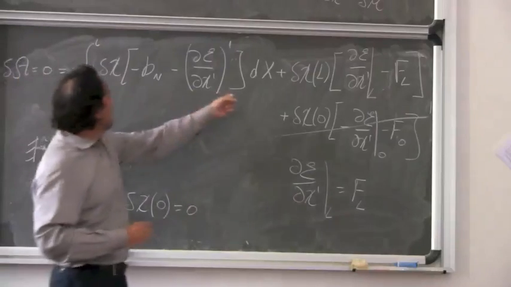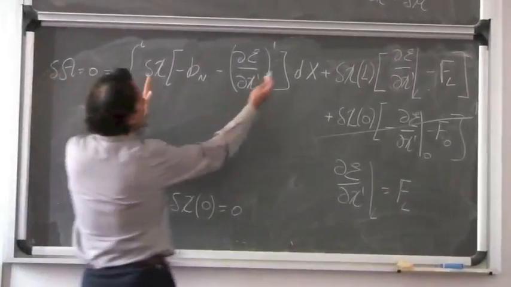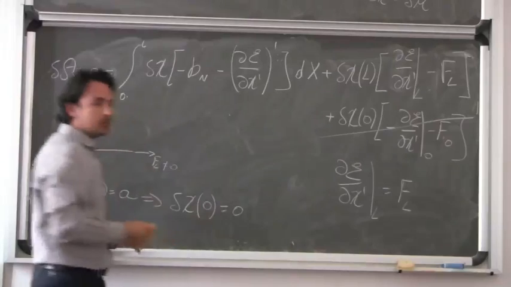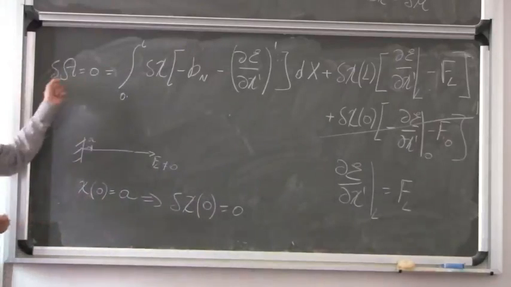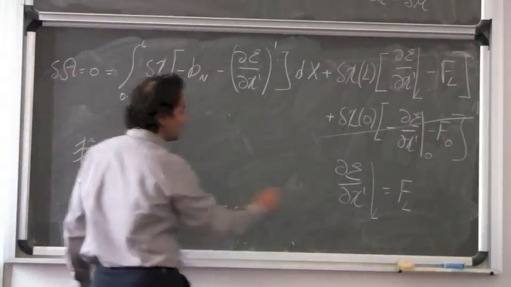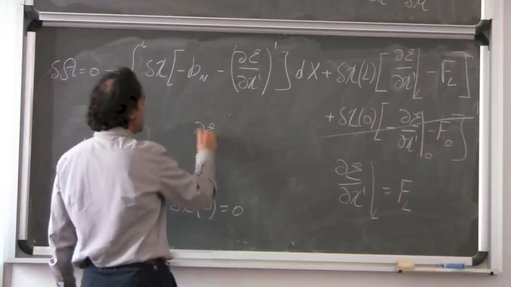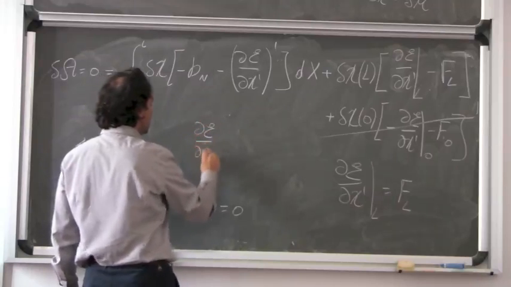And in the interior of the bar, you don't have restriction on delta t, so you have to assume that this is equal to 0. And so you have this other part, evaluated in L, and the other is this one.